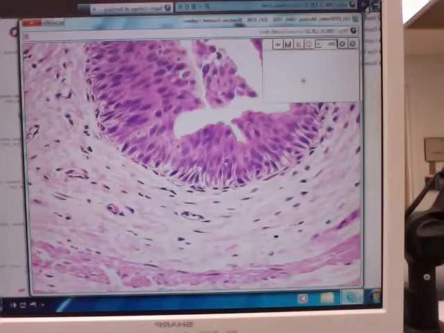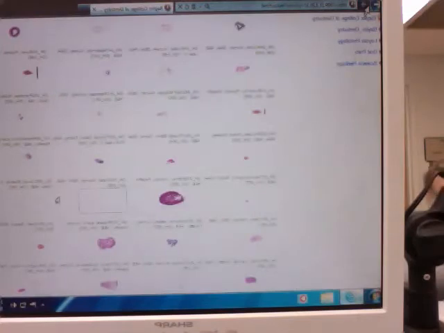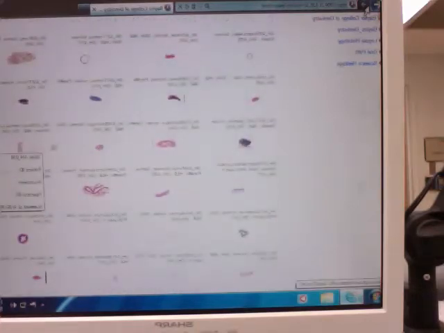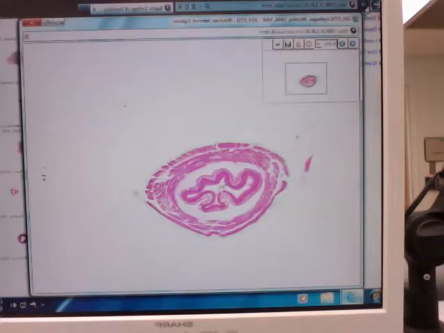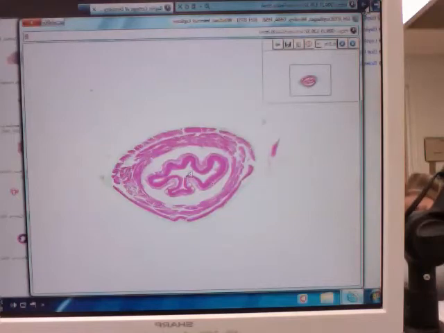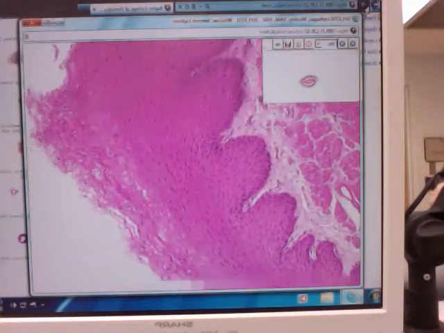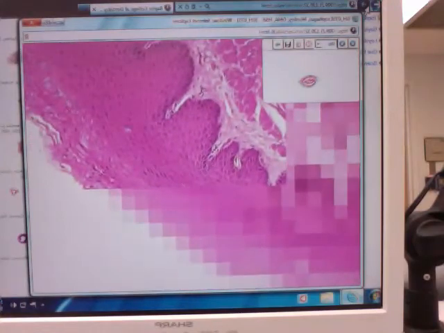For lab purposes, know what it looks like, and you'll never go wrong. And while you're looking at slides, you're better served just trying to get a feel for what you're looking at.